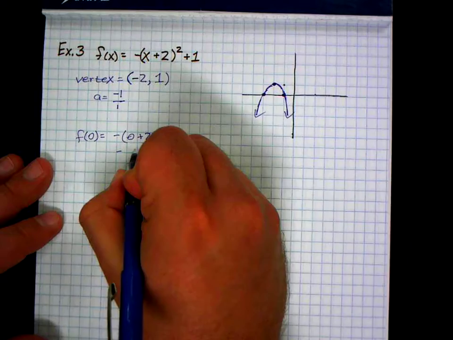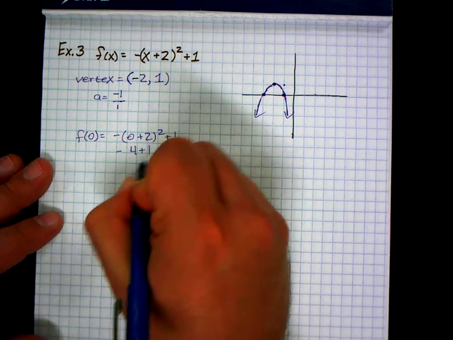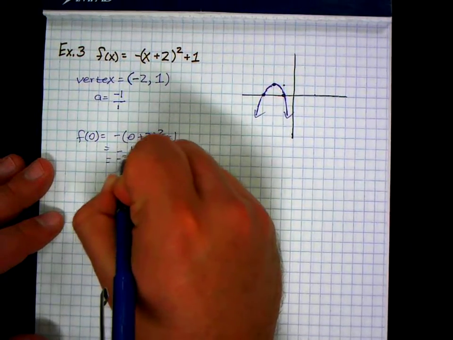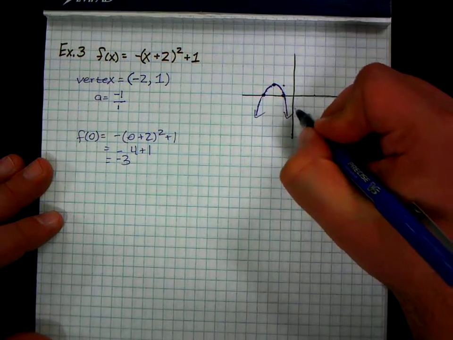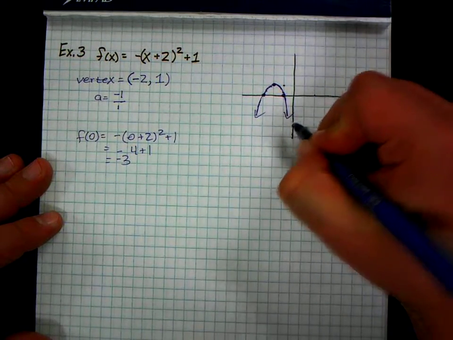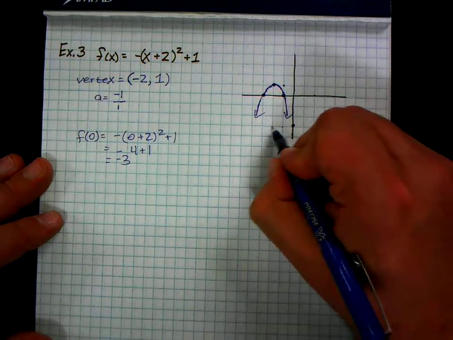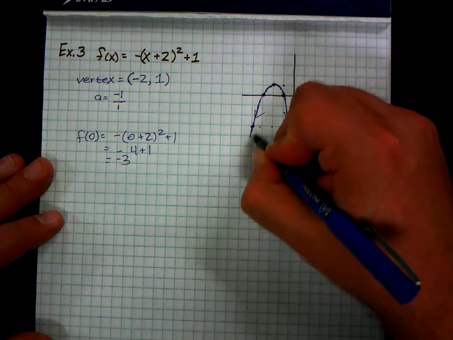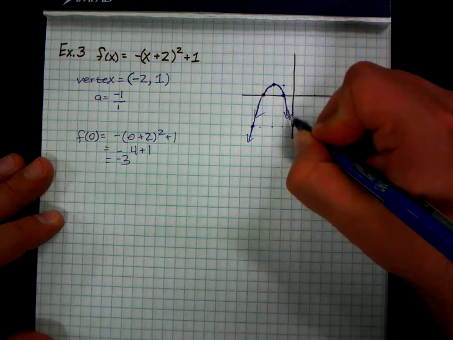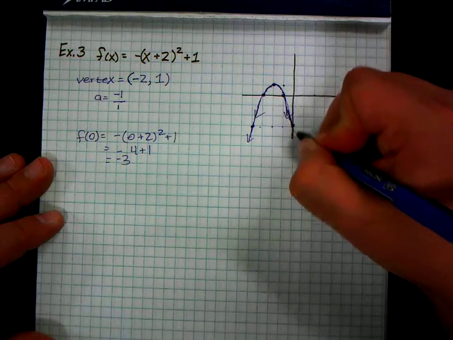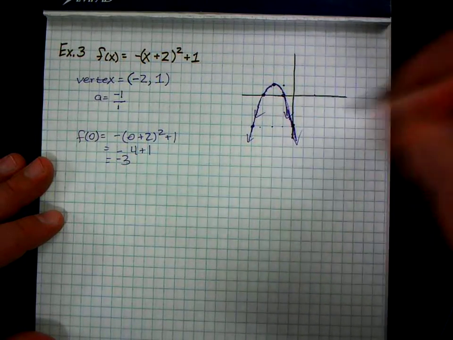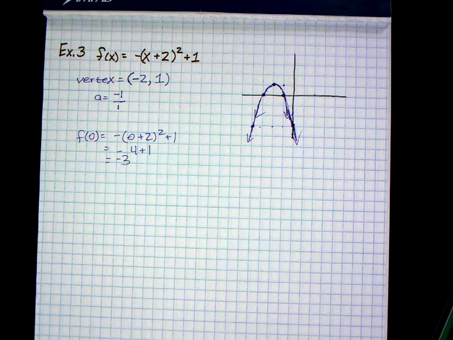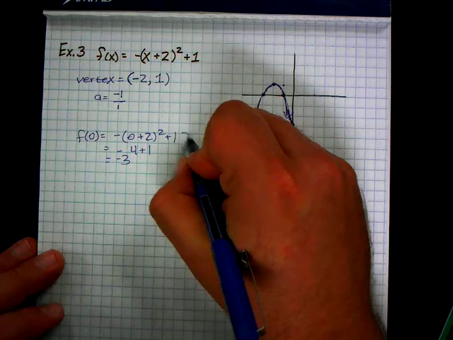Let's see, that would be negative 4 plus 1, negative 3. I'm a little off on this side, but again, if you want to plug in a point, that's fine. I have no problems with that.